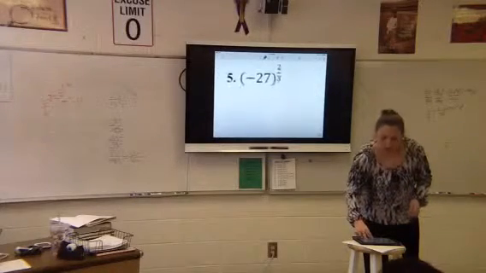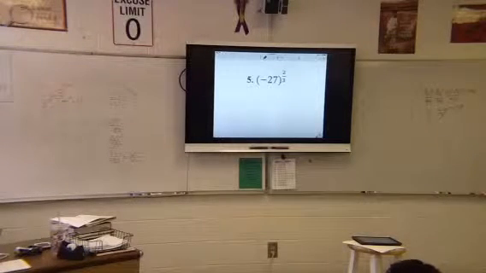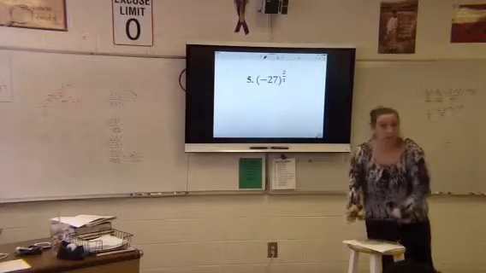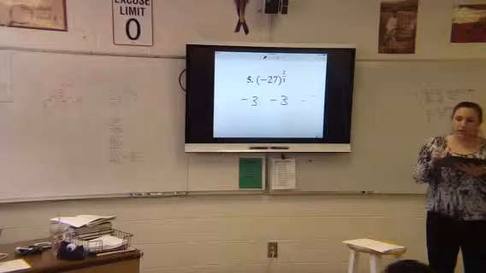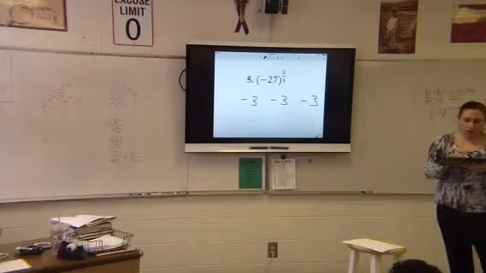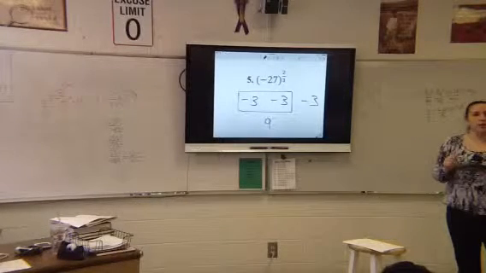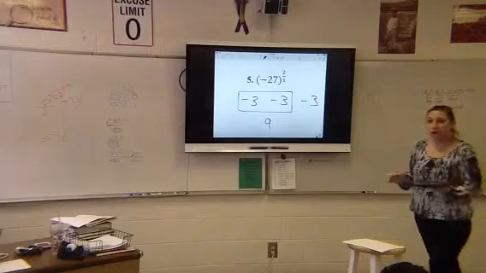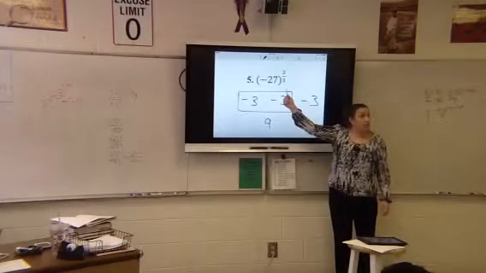Okay, so now let's go to the next one. -27 to the 2/3. So what are we thinking there? What 3 things get us -27? -3. Okay, good, I agree, -3. So -3, -3, and -3, and how many are we going to use? 2. So what is -3 times -3? Very good, guys. +9, negative times a negative is a positive. Again, put this in your calculator with parentheses, -27 to the 2/3, and it should give you a positive 9.